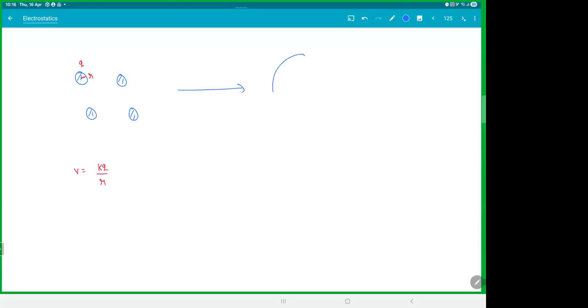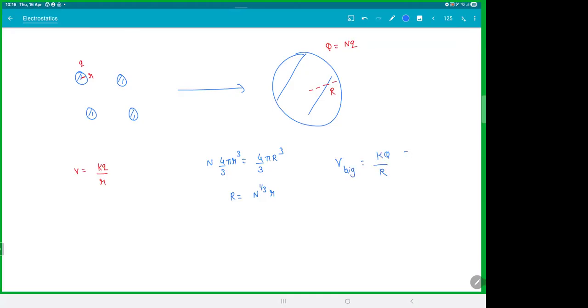Now when you make this into one big drop, this big drop will have a charge capital Q, which is n times small q, and the radius is capital R. We can get the radius R from volume conservation: n into 4 by 3 pi r small cube is equal to 4 by 3 pi capital R cube. So we get R is equal to n to the power of 1 by 3 small r. Therefore, the potential of the big drop will be k capital Q by R.